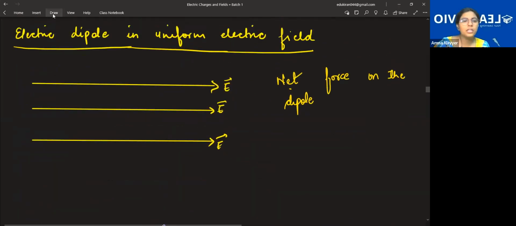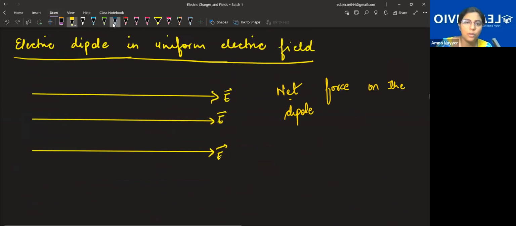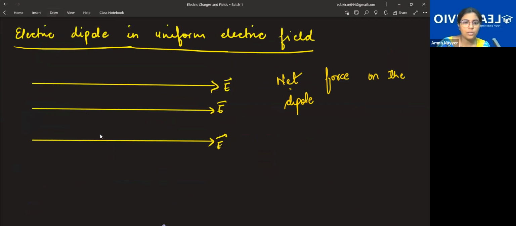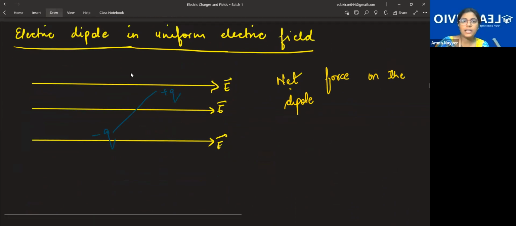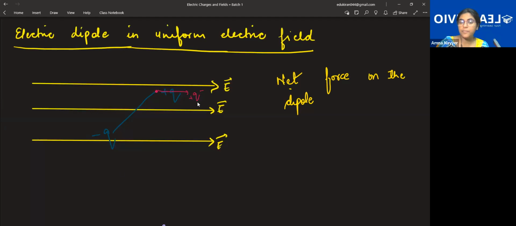If you have an electric dipole, suppose I have a negative charge and this is a positive charge. As per the last class, for a positive charge the force is directed along the field, that is plus QE. For the negative charge, the direction is opposite, that is minus QE.